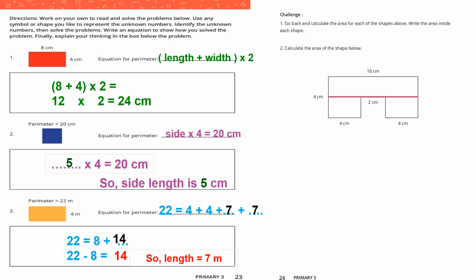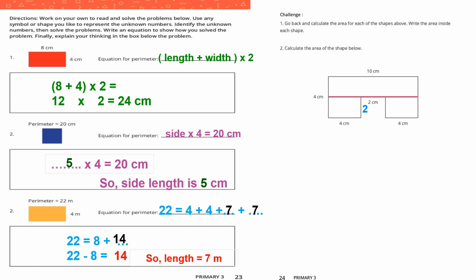This area is like a square, and I know that this side is 2. So this will be what? Sure, 2 centimeters. And this will be what? This is a rectangle, so the width here equals the width here.